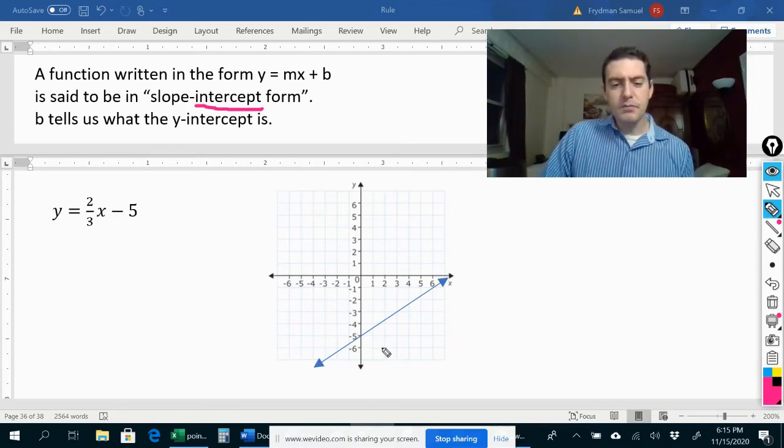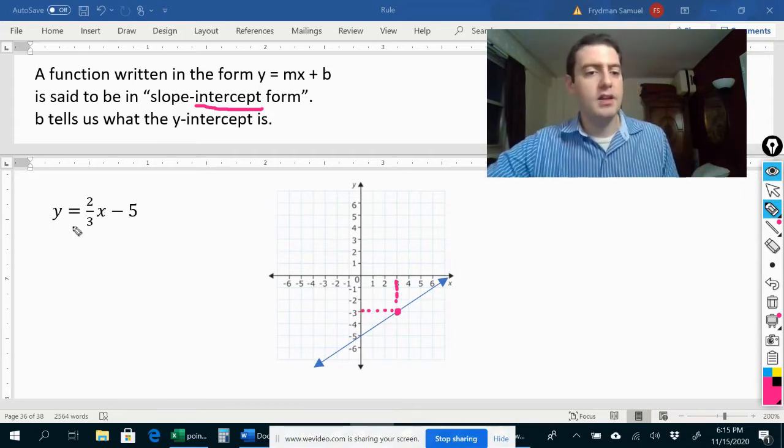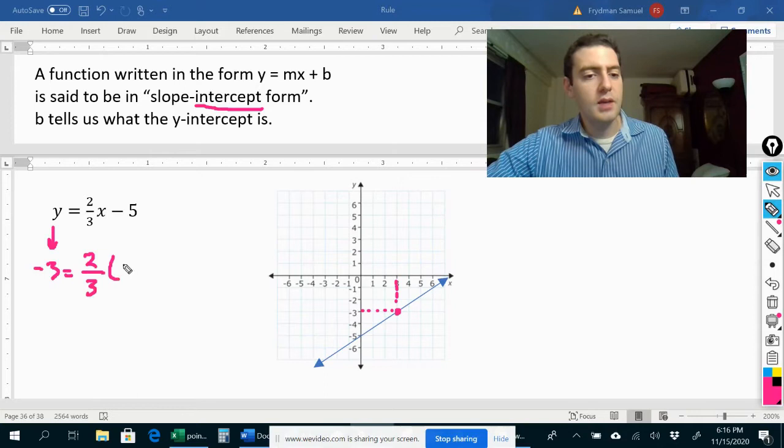And just to show you that the points on this line are actually solutions to this equation, let me pick one of the points. Let's say this point, which has an x value of 3 and a y value of -3. If I plug that in, y is -3 and x is 3, so I get 2/3 times 3 minus 5.